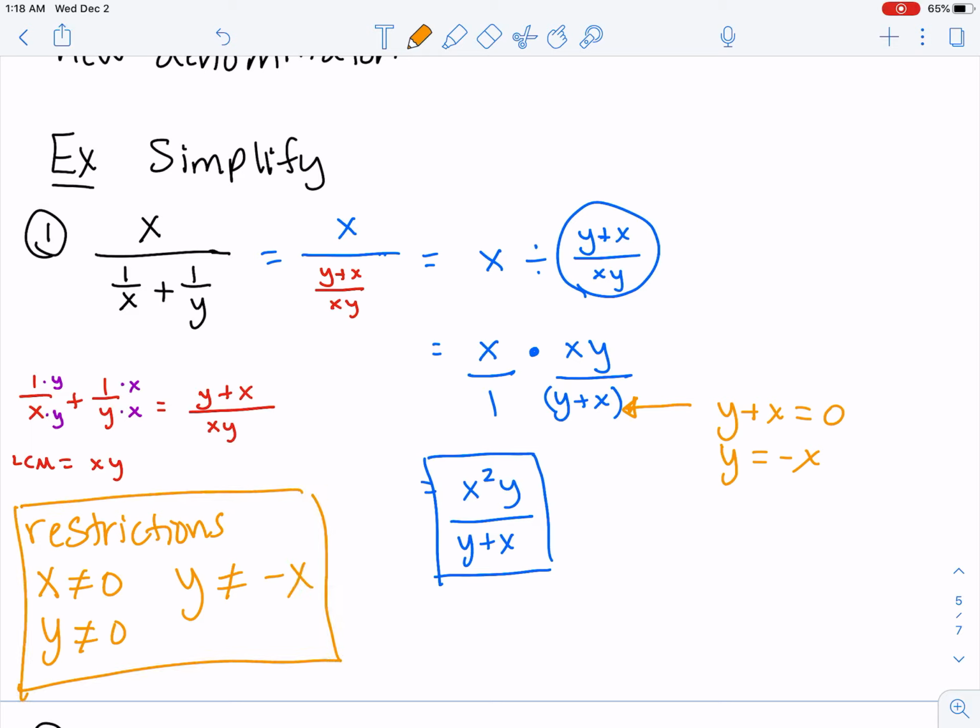That's your 3 restrictions. So you're always going to look at your least common multiple, okay? And then you're also going to look at the denominator of when you did the reciprocal, okay? Those are the 2 spots. So with a complex fraction, you have to look in 2 places for restrictions, okay?